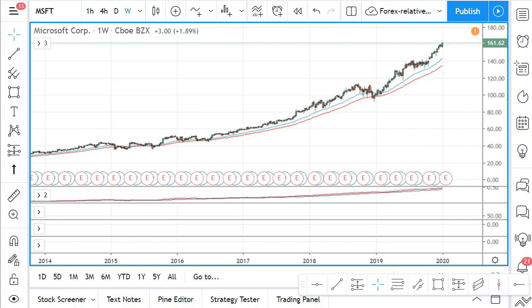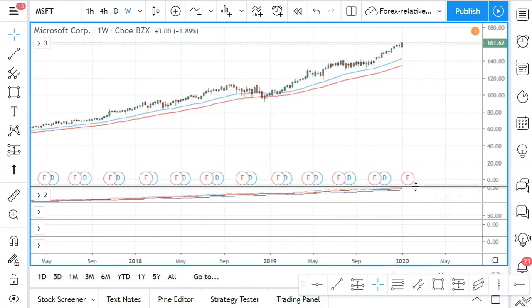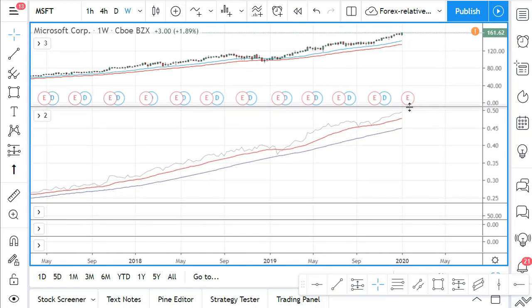So what we're going to look at here is Microsoft, but we're going to look at an indicator I have down here. An indicator, when we're looking at stock charts, if you're not familiar with stock charts, is some sort of mathematical graph. It basically just takes the price and time and then puts it in some sort of algorithm, some sort of calculation, and shows it in a visual way.